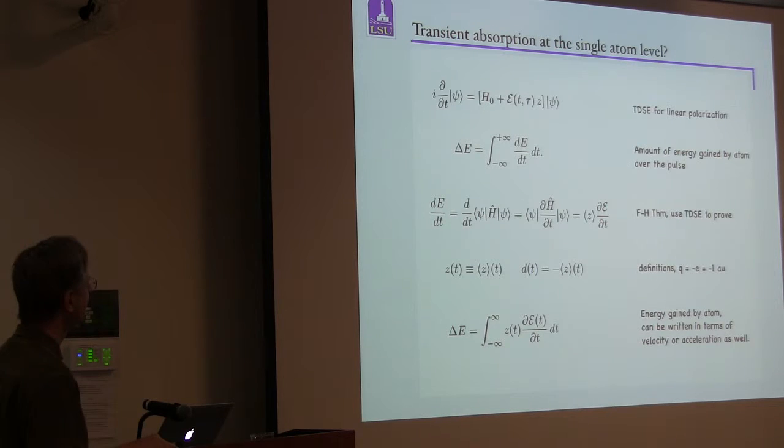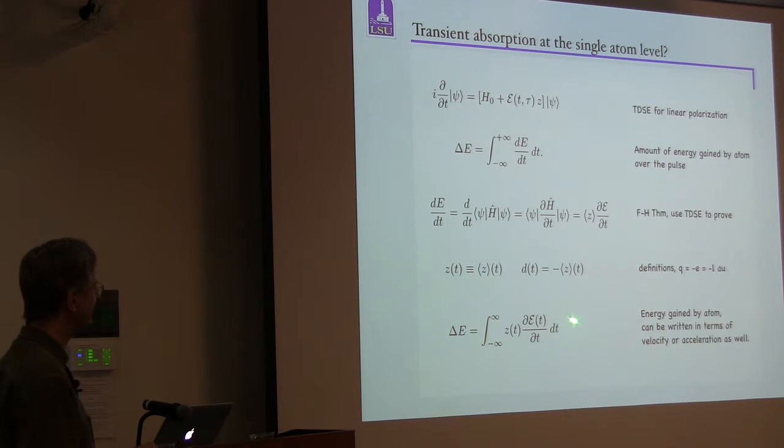So the rate at which you're gaining or losing energy is equal to the expectation value of the Z operator, proportional to the dipole moment, times the rate at which the electric field is changing. The expectation value of the Z operator I'll call Z of t. The dipole moment in the system is minus that because of the negative charge of the electron.